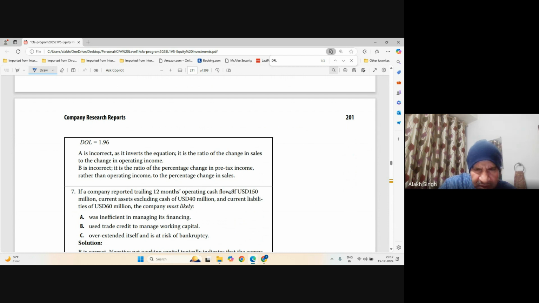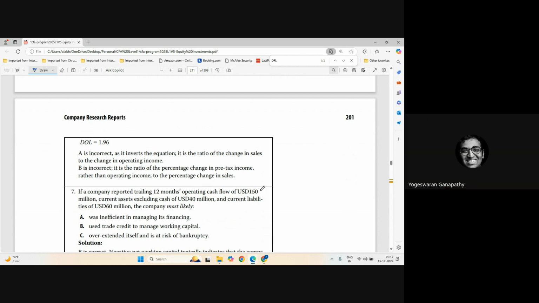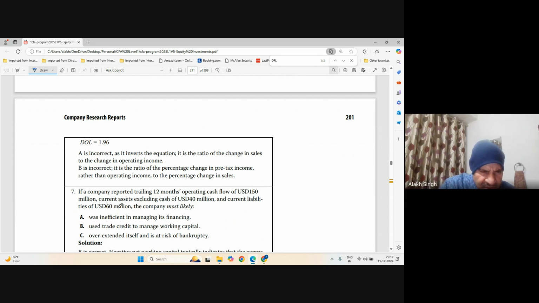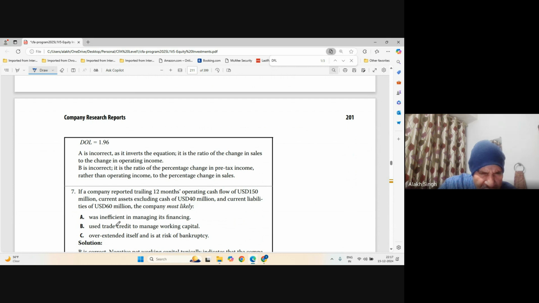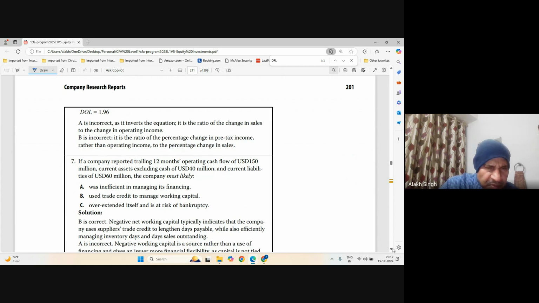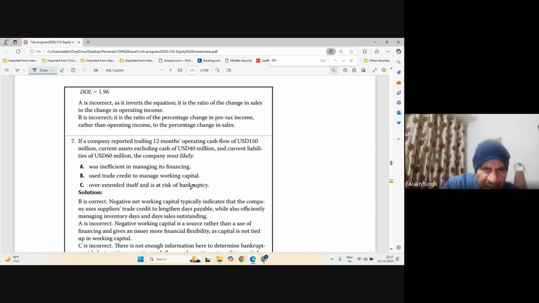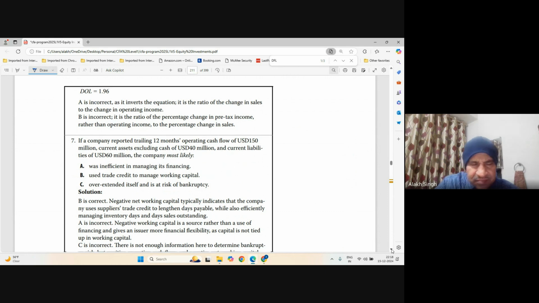So total current assets are 190, and current liabilities are only 60. So it is a good thing. So B is the positive answer. B is the used money working capital. B is the only possible answer, because it cannot file for bankruptcy and it is not inefficient either. So B is the only correct answer.